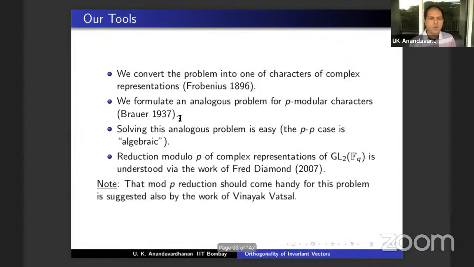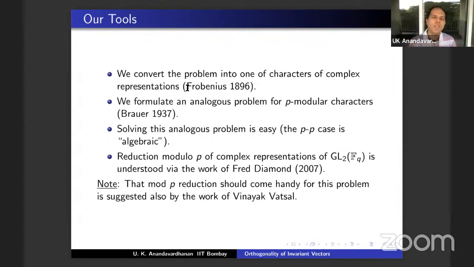I'll make one note: mod P reduction should come in handy for this problem. When you start working on this problem, there are so many hints that maybe you have to take mod P, and this was also suggested by some work of Vinayak Vatsal. There are various ways one can think of it, but how to employ this mod P idea is not at all obvious, because it's a question about inner product and there's no mod P analog.